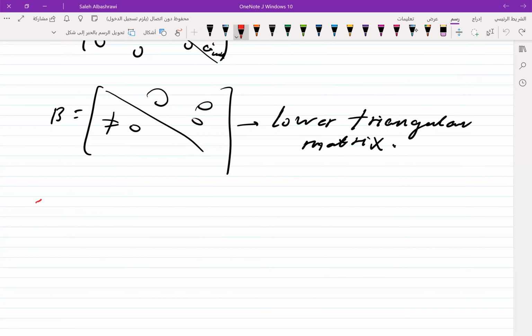For example, let A equal to 1, 0, 0, 2, 4, 0, minus 1, 1, and 9.